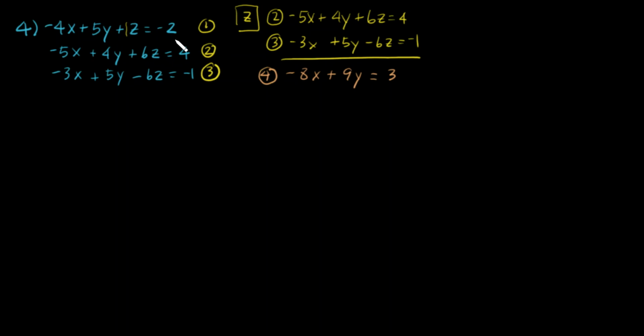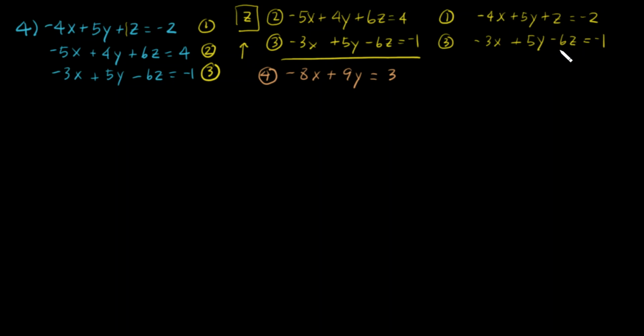I'm going to do 1 and 3. 1 is -4x plus 5y plus z equals -2, and 3 is -3x plus 5y minus 6z. This equals -1.